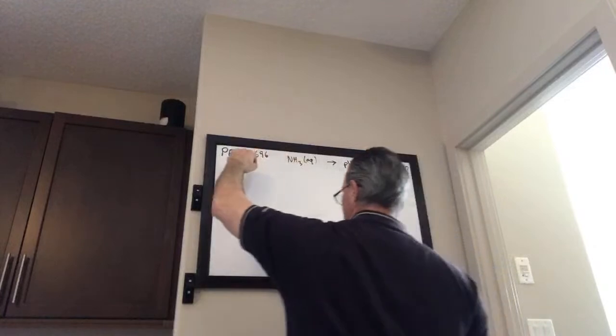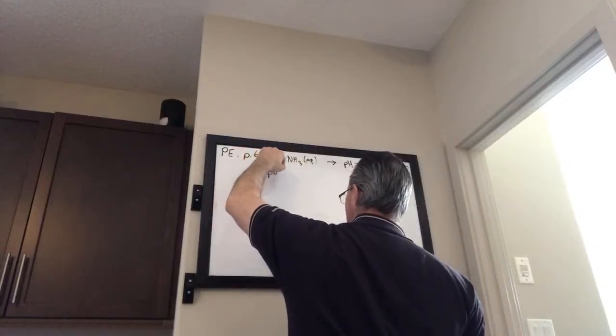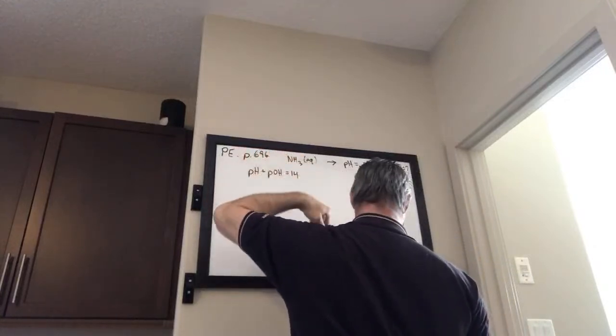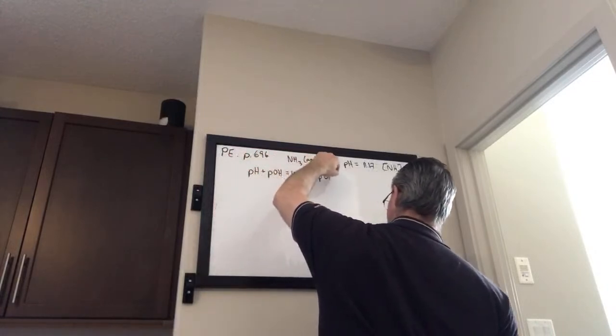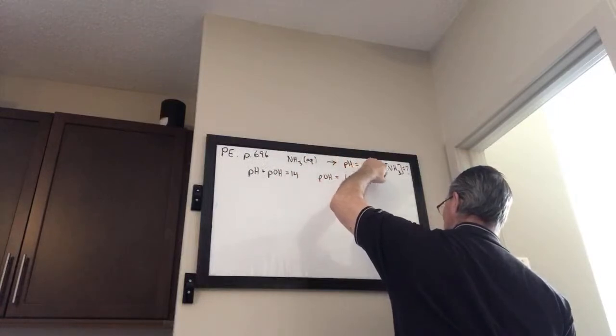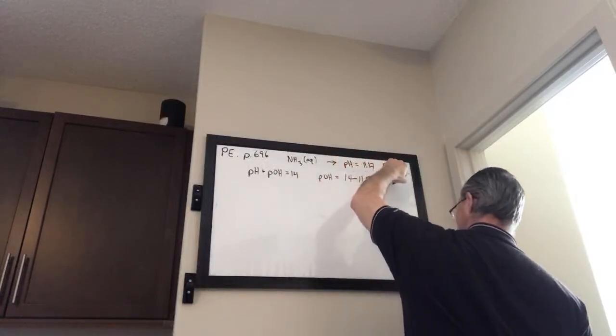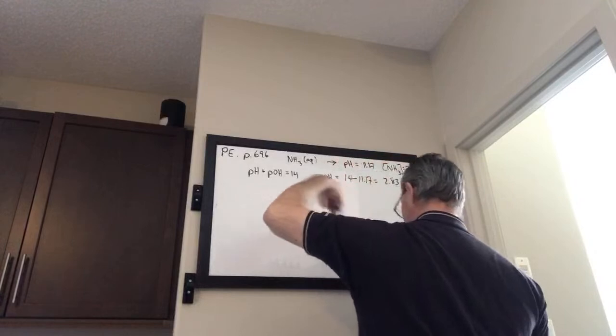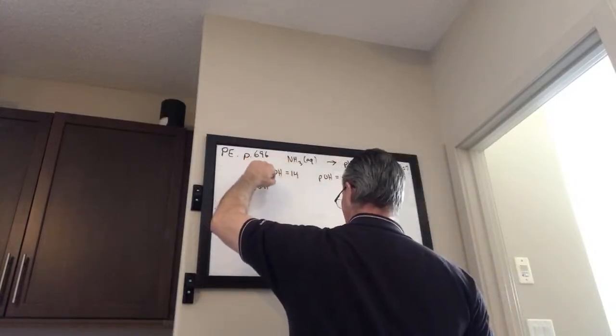Now, we know that pH plus pOH always has to equal 14, so the pOH in this case has to be 14 minus 11.17, which gives you 2.83. That allows you to calculate the OH minus concentration.